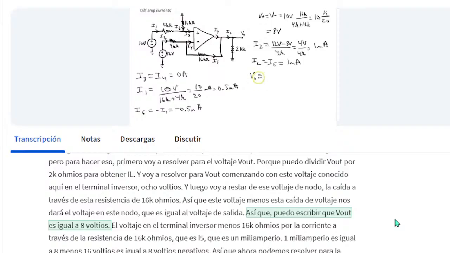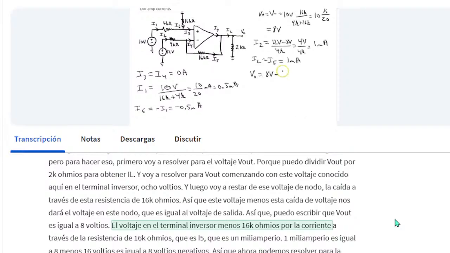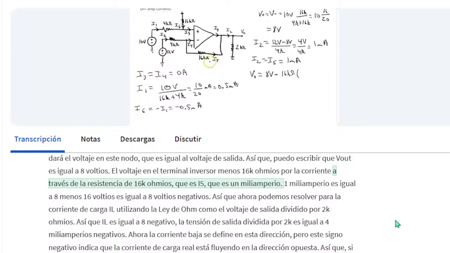So I can write that Vout is equal to 8 volts, the voltage at the inverting terminal, minus 16 k ohms times the current through the 16 k ohm resistor, which is I5, which is 1 milliamp. 1 milliamp is equal to 8 minus 16 volts is equal to negative 8 volts.